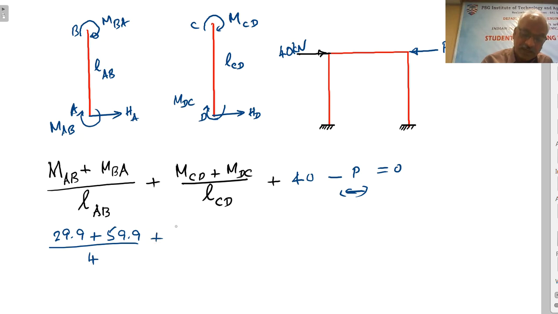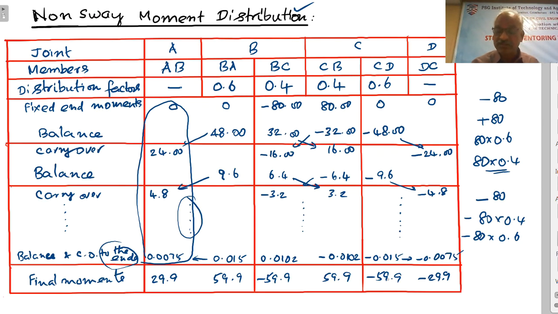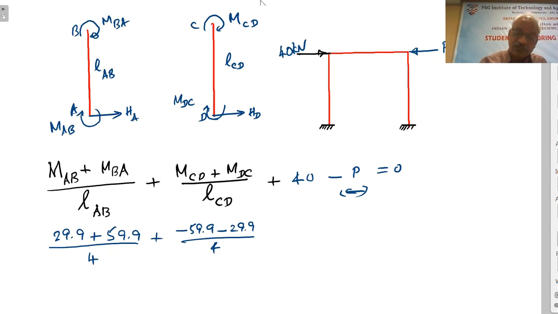Plus minus 59.9 minus 29.9 by 4 for the column CD, the length is also 4 meters. Plus 40 minus P equal to 0.